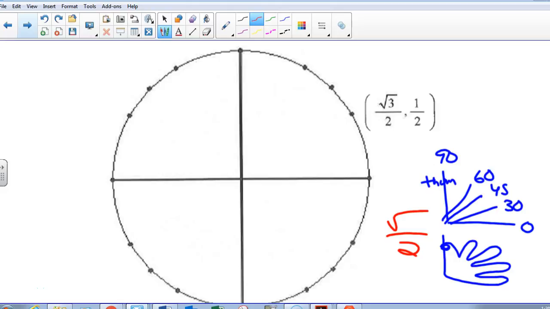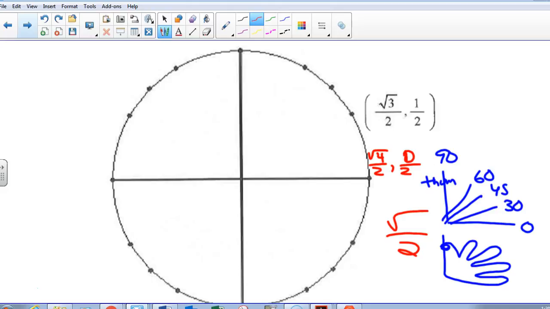Right now, if I fold this 0 finger in, I have 4 fingers above and none below. Okay? If I fold this finger in, how many do I have? 3 above and 1 below.